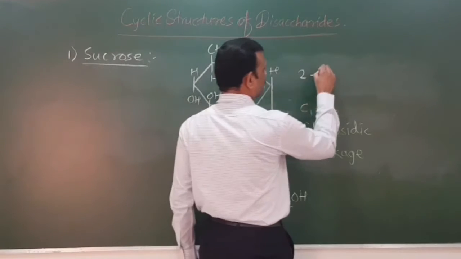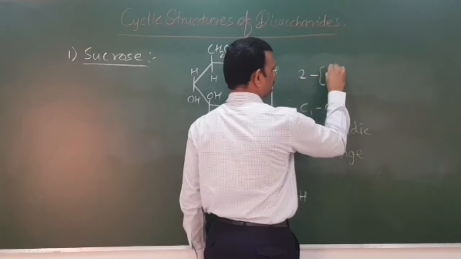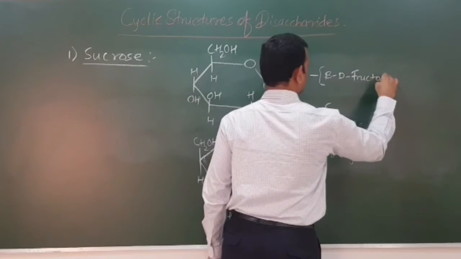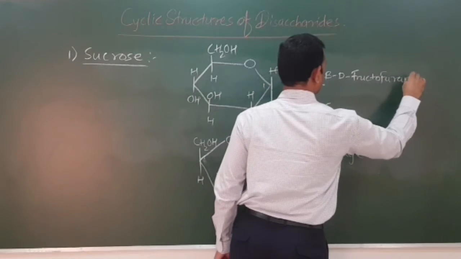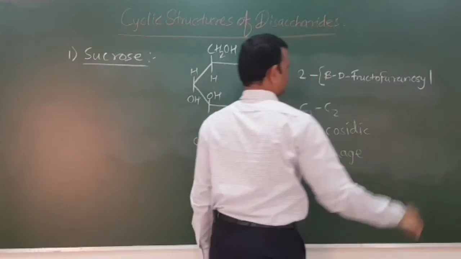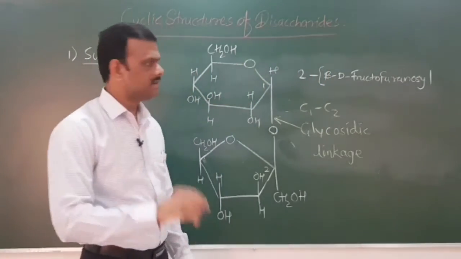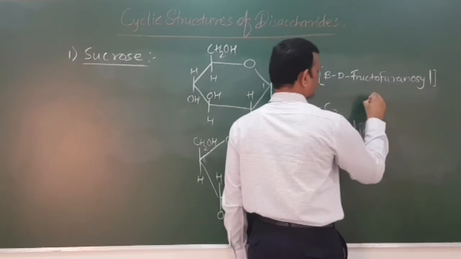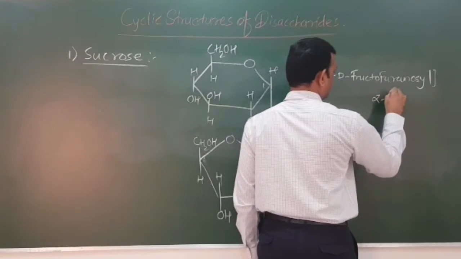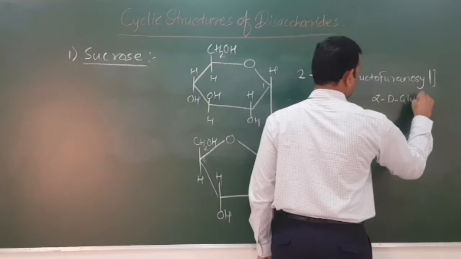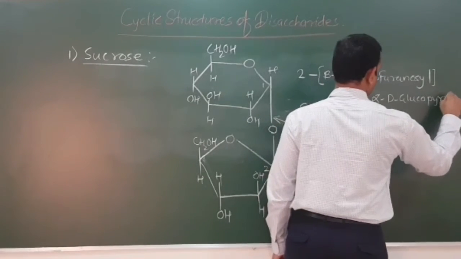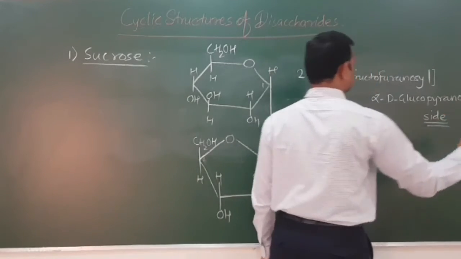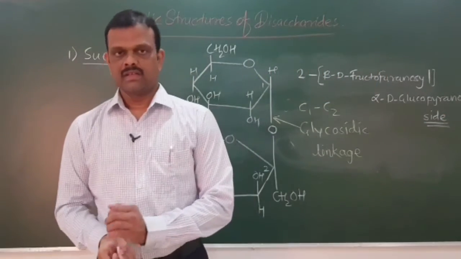Therefore the name of the compound is second position beta D fructofuranosyl. You have to write the syl, S-Y-L, and after that alpha D glucopyranoside. You have to write the side as a last word.